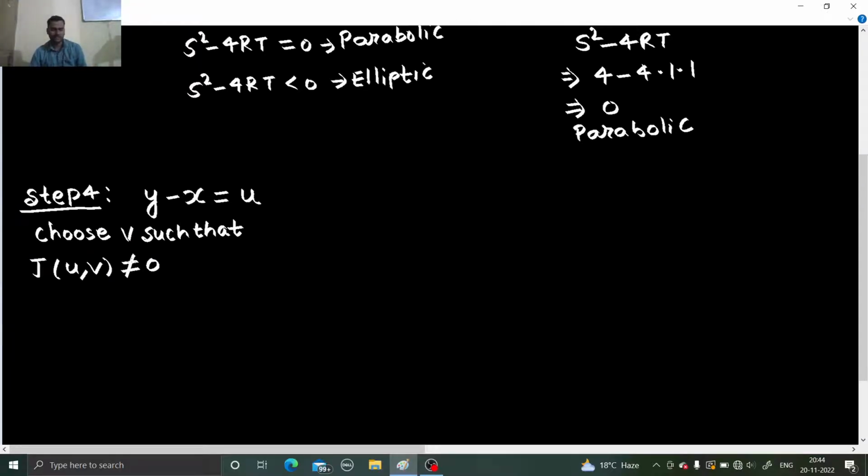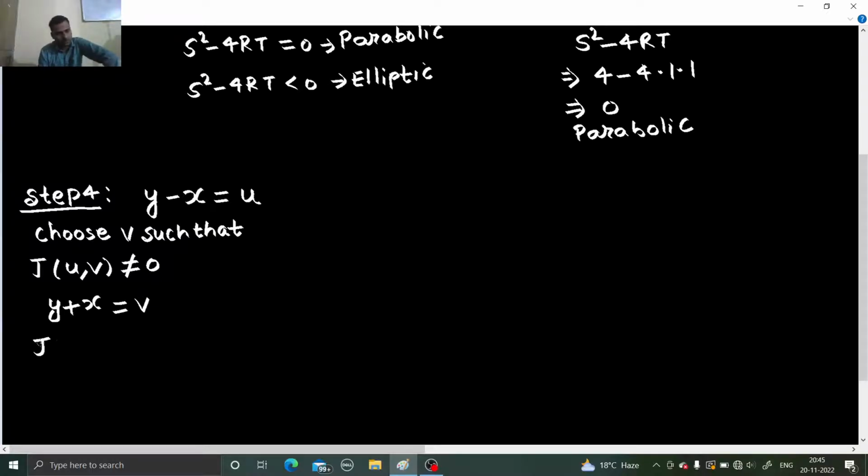So we can check for the values of v for which the Jacobian is not zero. Let me give you a trick. Just change the sign and check whether it comes not equal to 0. So if I change the sign in the middle, I get y plus x equals to v. This is just me checking whether this can be my v or not. So let's find the Jacobian.